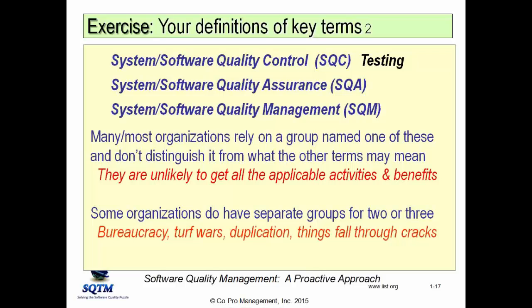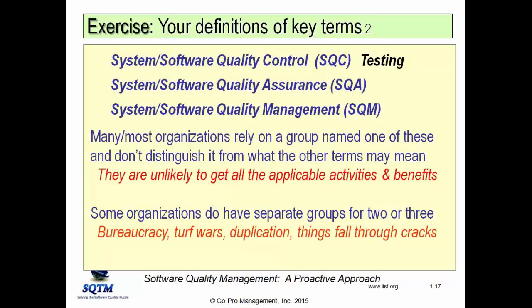So what often does happen, though, is that when there are separate groups, a separate group for QA and a separate group for testing or QC, or a separate group for quality management, which is much less common in my experience, well, what happens?